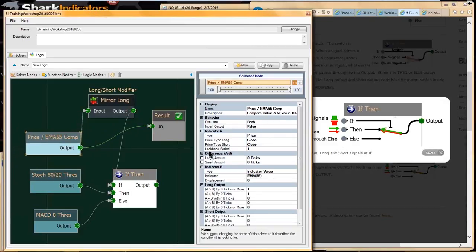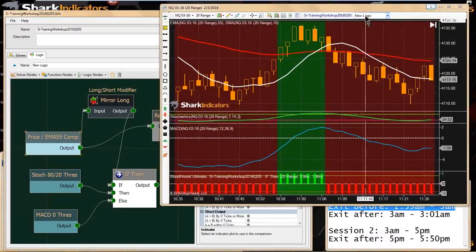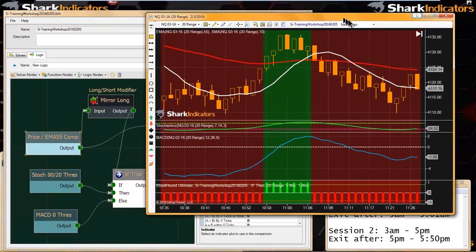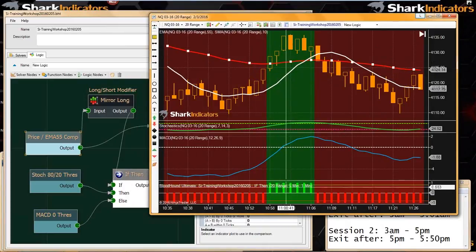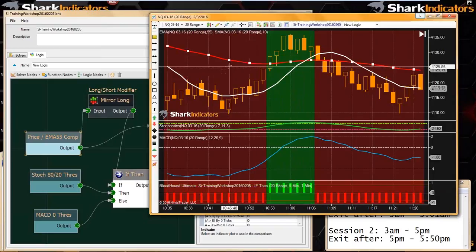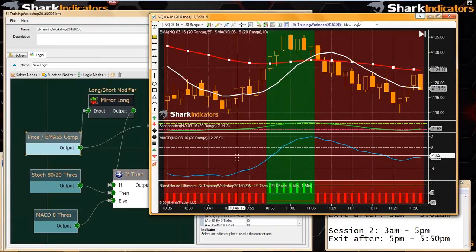I just used the comparison solver here. I set A to price, and you set B to whatever moving average you want. So whenever price is above your moving average, you're going to get a long output, and when price is below your moving average, you're going to get a short output.